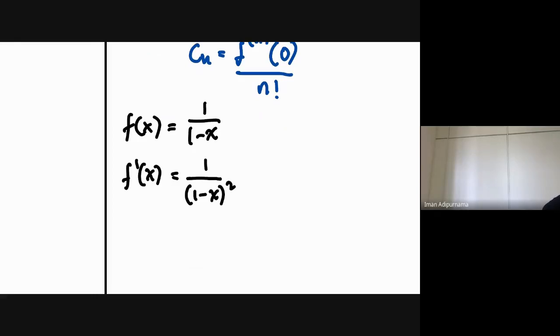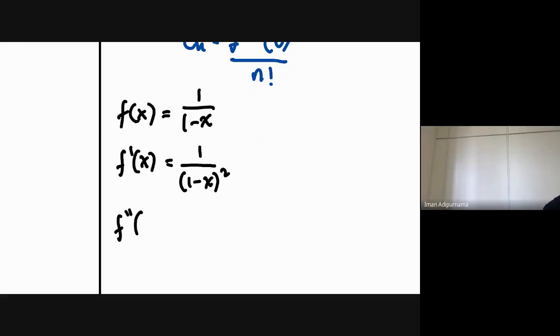And we derive one more time, and it will be 1 times 2, right? We multiply by 2, the chain rule from the function, and this becomes cubed. And the next one, 3 is from the function before, so you get (1 minus x) to the power of 4.